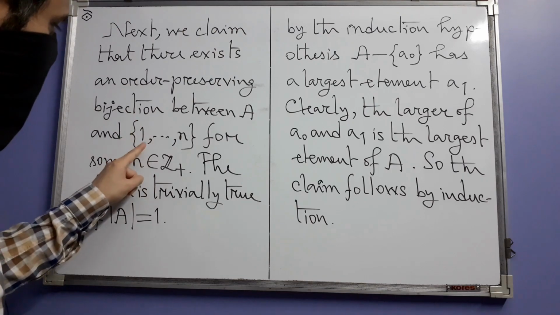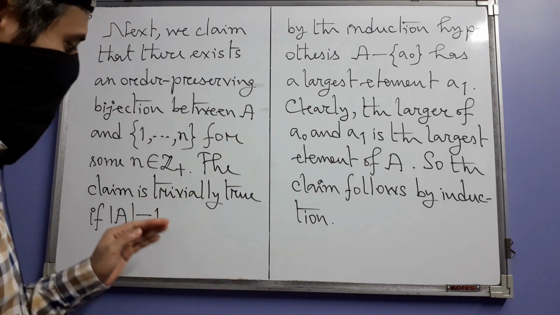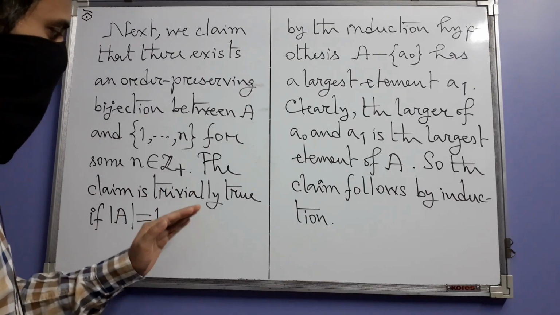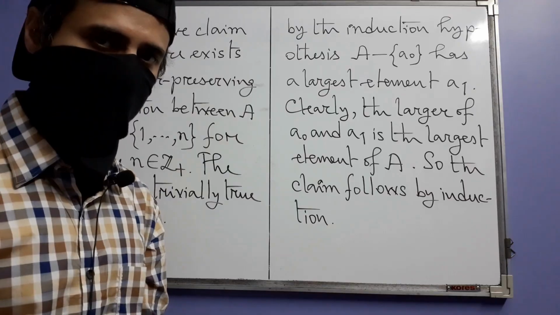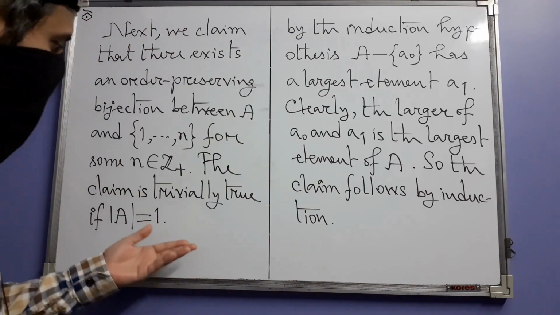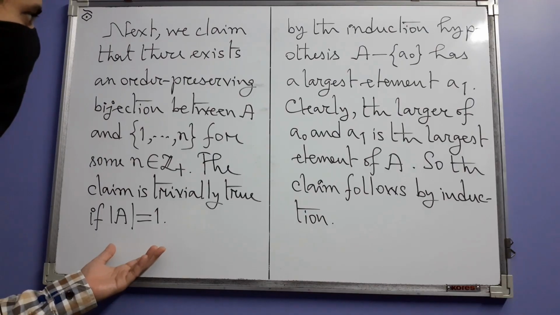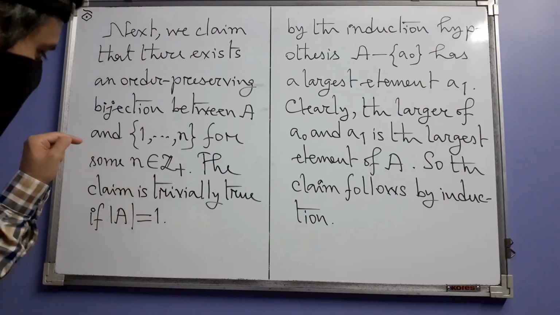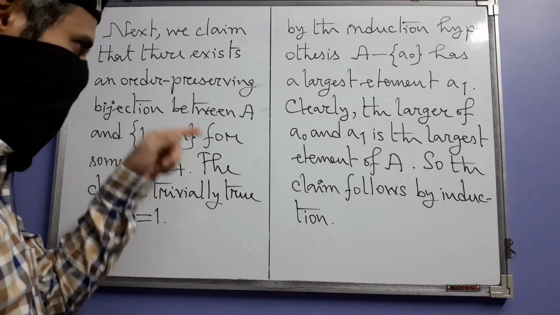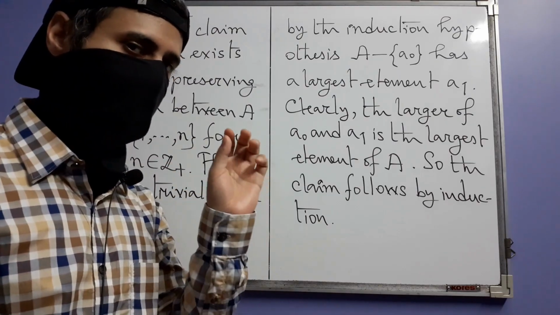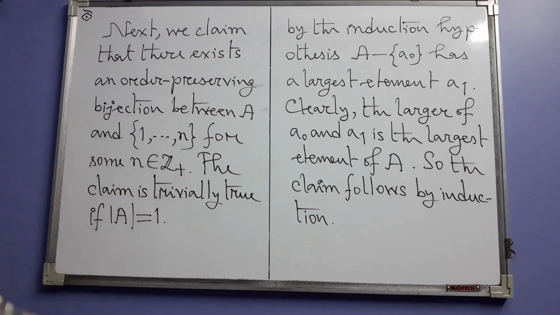So we will have the singleton set having only the integer 1, and the trivial function which maps the single element of A onto the integer 1 is obviously a bijection, and it's also an order preserving map, and that proves that the singleton A has the same order type as that section of positive integers which has only the integer 1. So anyway, that case is trivially true.